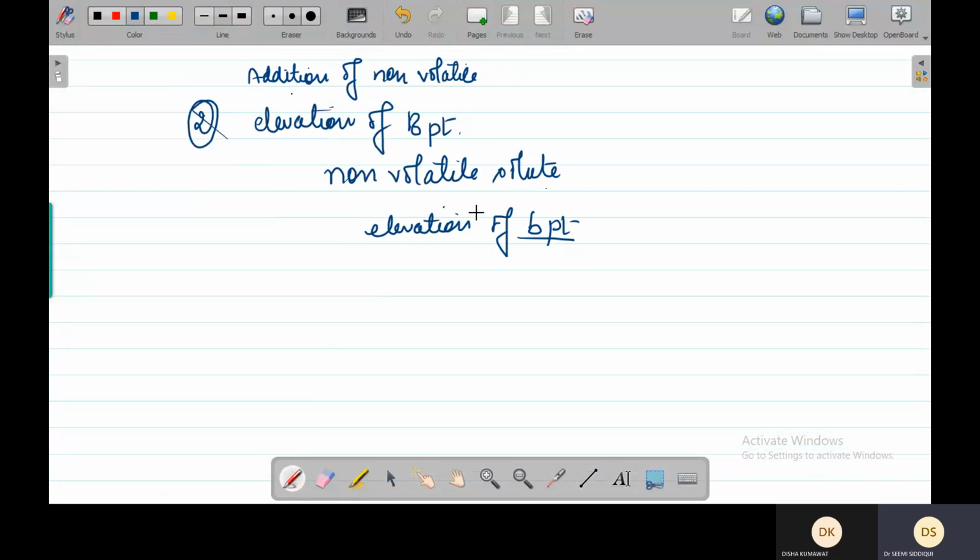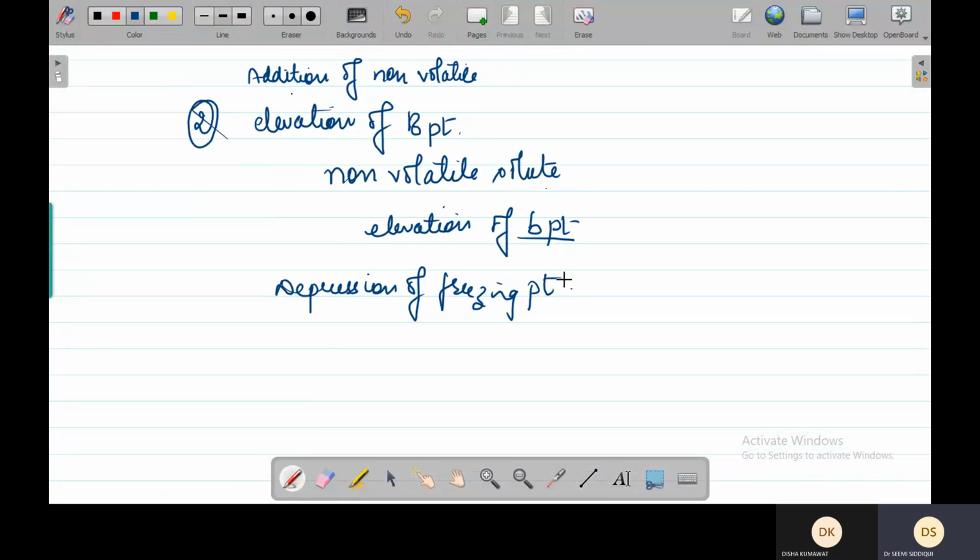Next, depression of the freezing point. What is freezing point? It is the temperature at which the vapor pressure of a substance in its liquid phase is equal to its vapor pressure in the solid phase.